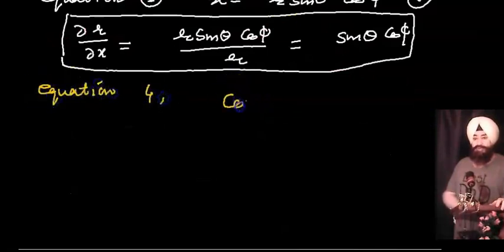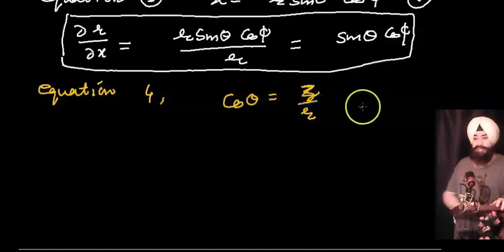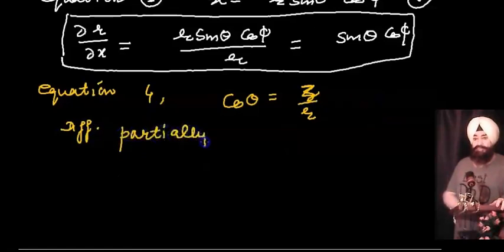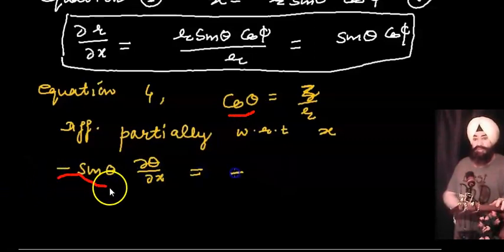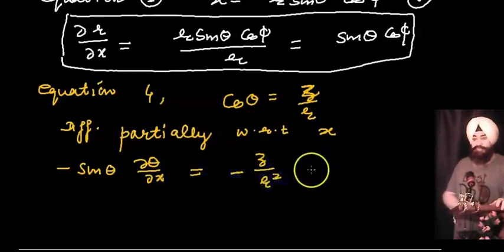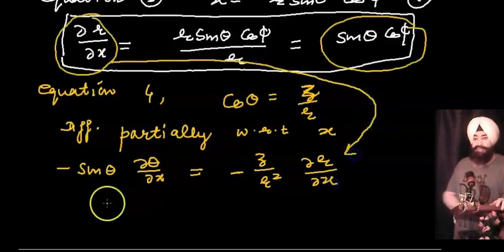Now equation 4 was cos theta equals z upon r, differentiating partially with respect to x. The differentiation of cos theta is minus sin theta, curly theta by curly x, equals minus z upon r square curly r by curly x.